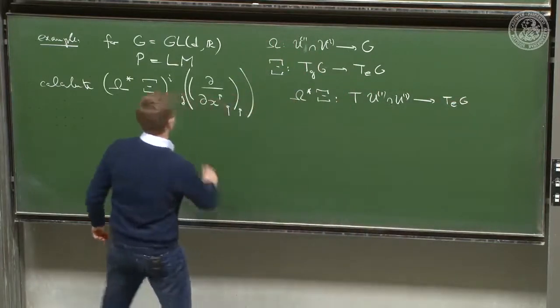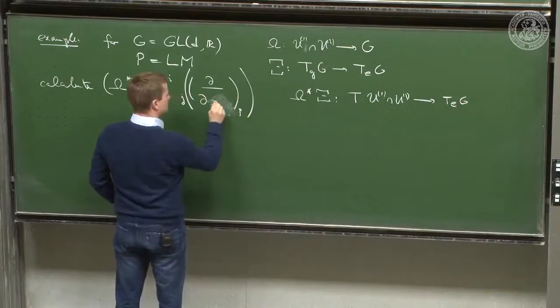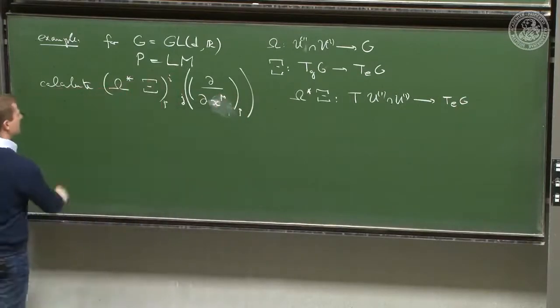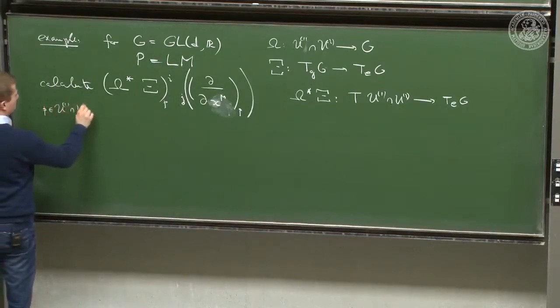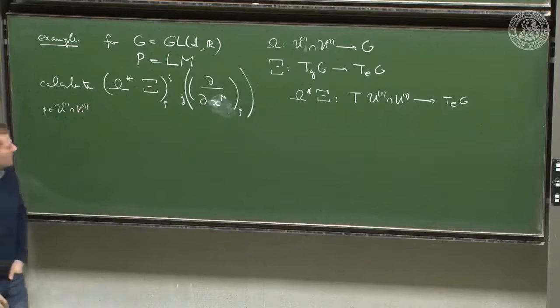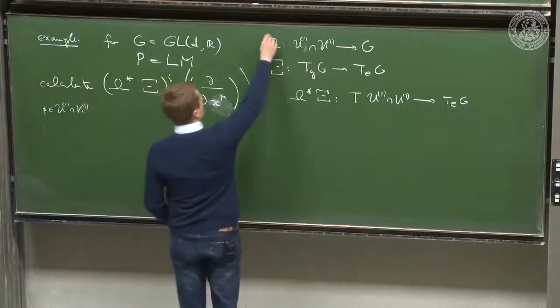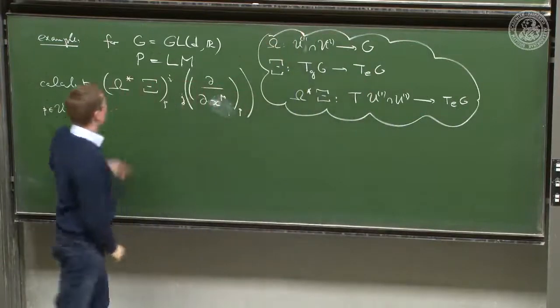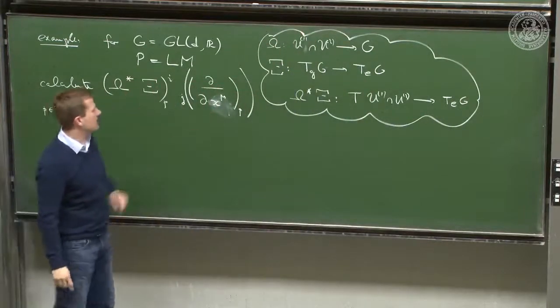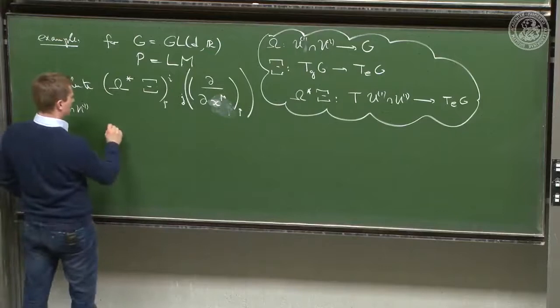If you have the pullback here, so we act on a del by del x mu at a point P, but now the point P is in U1 intersected U2. That's what we do. So this is just to get straight what we want to do. We understand this guy if we understand its action on every tangent vector.